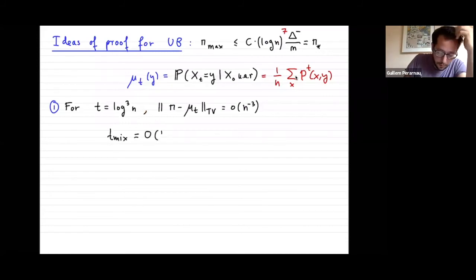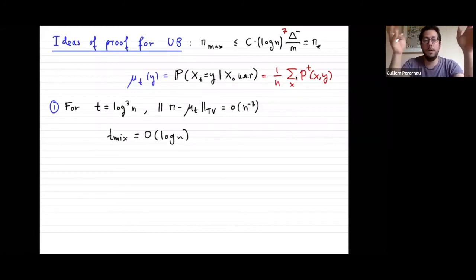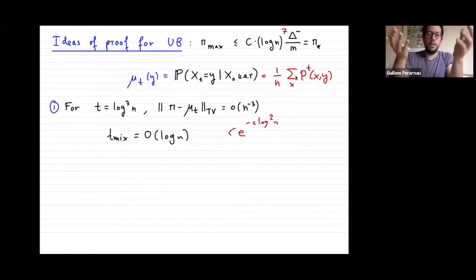So if I walk for log cube of n, this is log square times the mixing time. So the total variation distance to stationary decreases exponentially in the number of extra steps that you walk after the mixing time. In this case, you're going to get some bound of the form e to the minus some constant times log square of n, something like this. But just let me say that if you take t to be log cube of n, then these two distributions have a small total variation distance, so it's enough to study the new one.